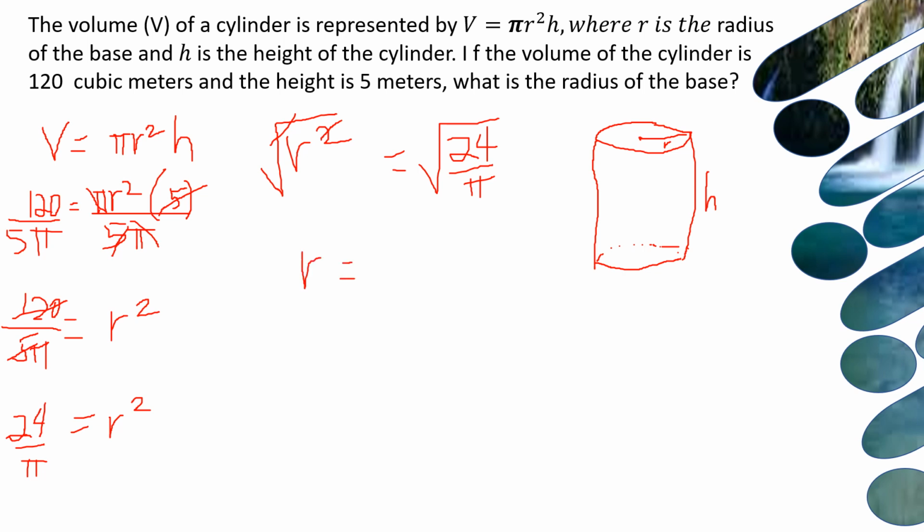So r now equals the square root of 24 over pi, which is approximately 2.76. The unit of our volume is in cubic meters, so its dimension is in meters. 2.76 meters is the answer.